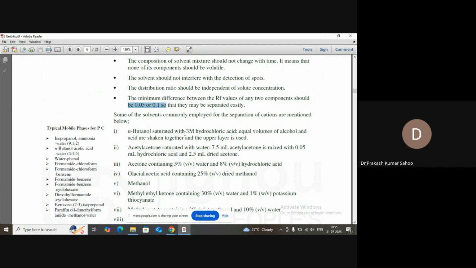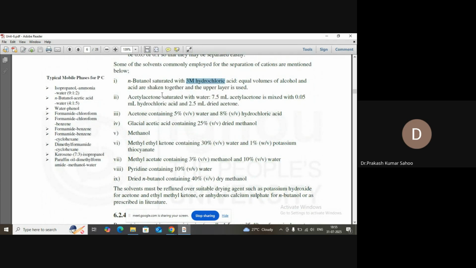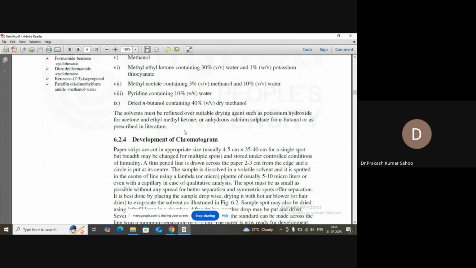N-butanol saturated with 3 molar hydrochloric acid: equal volumes of alcohol and acid are shaken together and the upper layer is used. So these are some examples of solvents which are frequently used in different chromatographic techniques, and they are primarily used in paper chromatography.